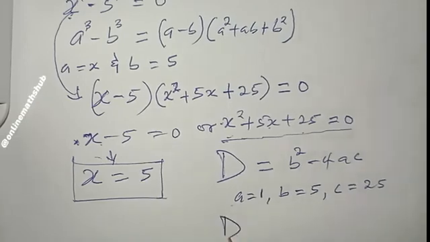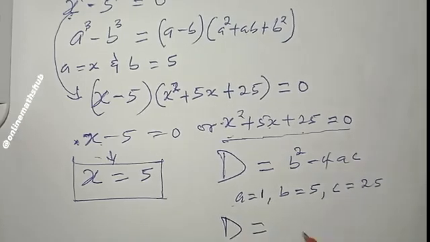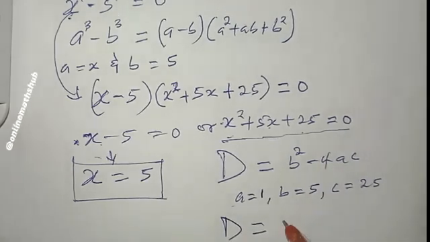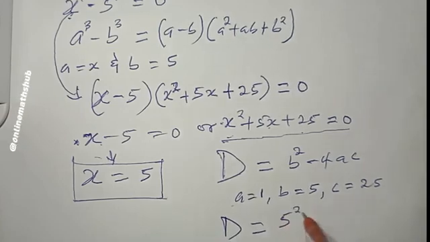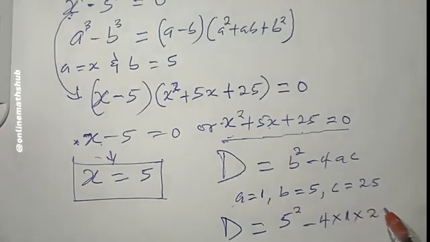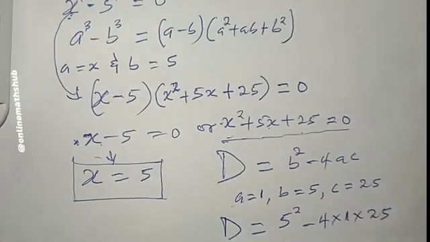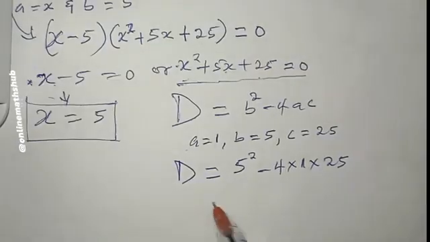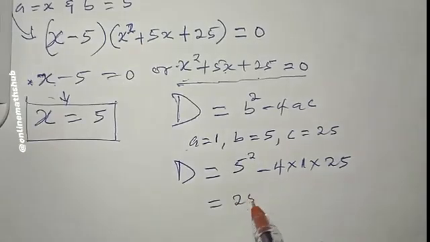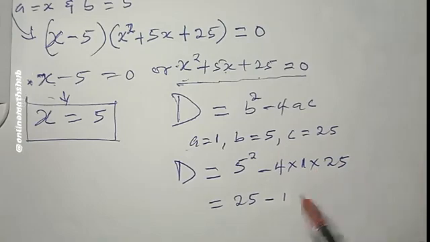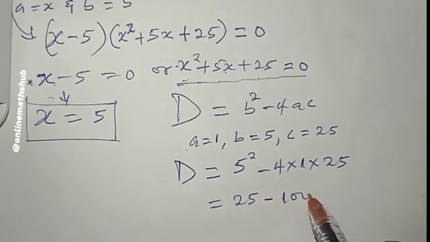Okay, so computing our discriminant, we have that d is equal to 5 squared minus 4 times 1 times 25. Of course, moving on, this is equal to 25 minus 4 times 1, which is 4, and then 4 times 25 is 100.